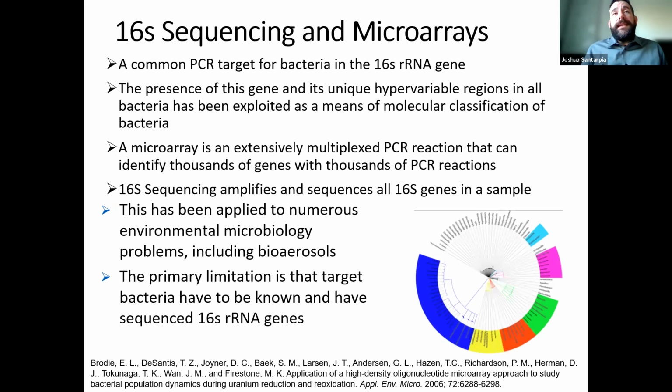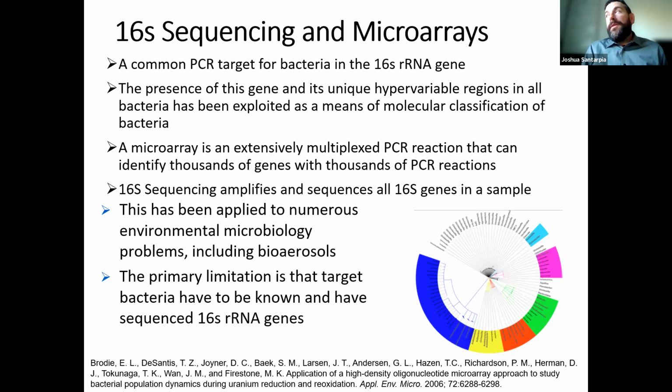So that brings me to 16S. Initially, the first 16S assays were basically massively paralleled PCR reactions. Now it's so cheap to sequence things that why bother with some sort of massively paralleled system? We can just throw everything into a tube and sequence every single thing that's in there.